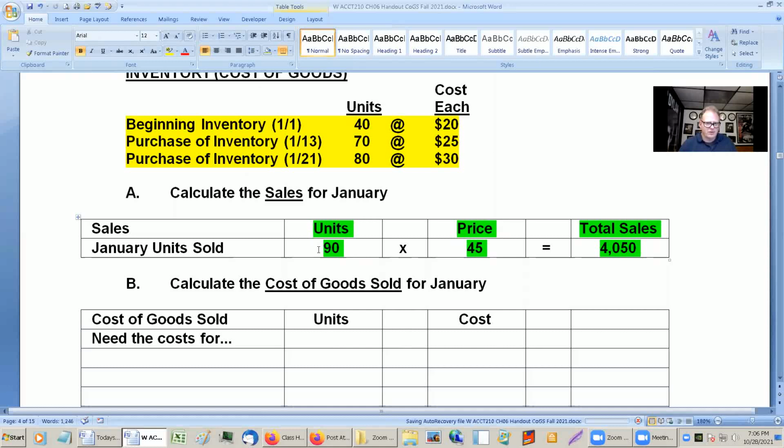Okay, so we need the cost for 90 units. And we're assuming that the first one's in is the first one's sold. So where do we go for the first? $20. Yep. 40.